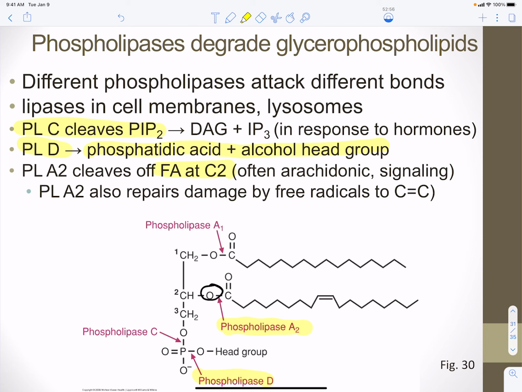Phospholipase A2 is also going to repair damage by free radicals by swapping out the damaged lipid for a new lipid. And then phospholipase A1, of course, is going to attack that position at that one carbon. So again, phospholipase A2 we're going to hear more about when we start talking about the metabolites of arachidonic acid.